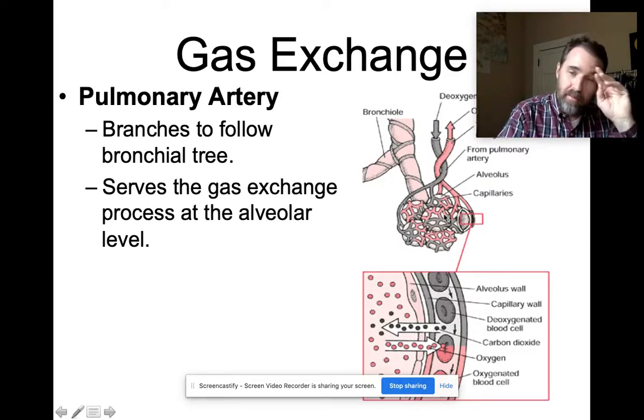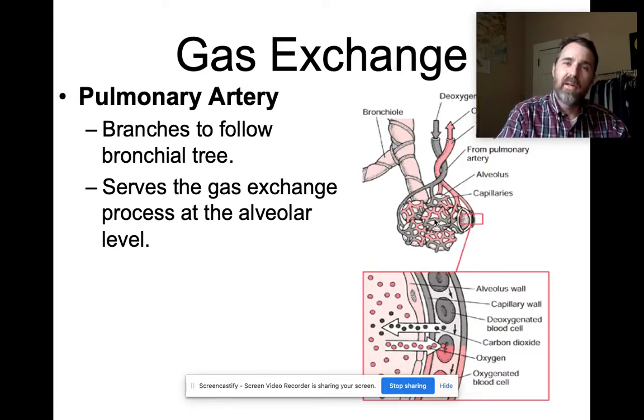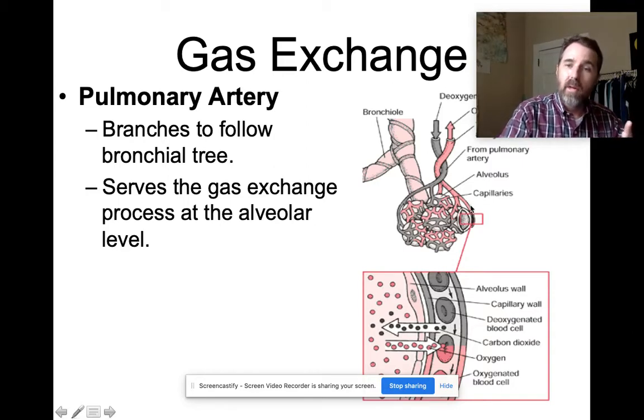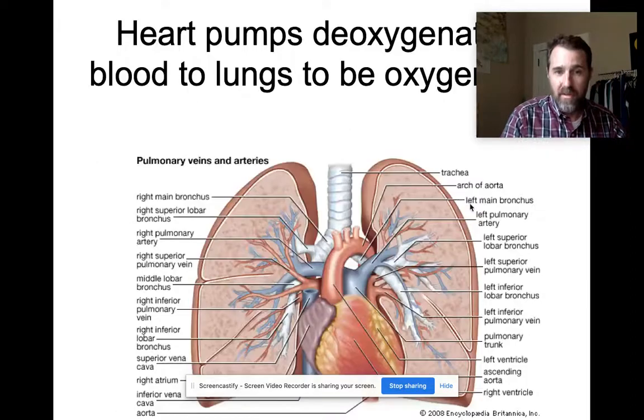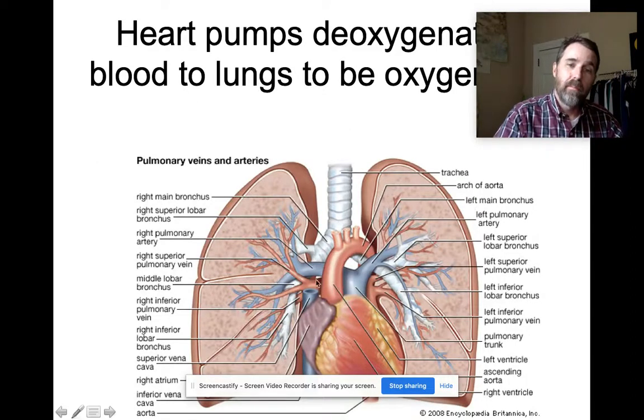And at this point, the capillaries that are the tiniest branches of the pulmonary arteries course into the capillaries of the pulmonary veins. And the pulmonary veins do the exact reverse of the pulmonary artery.